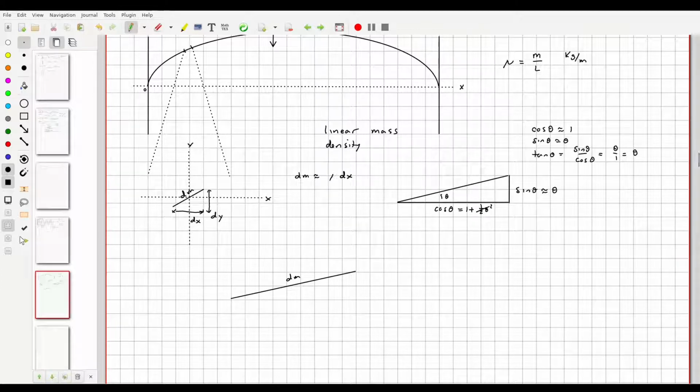So the mass is mu times dx: mu is the mass density, and dx is how much of the string we're looking at. Again, this little element of string has a mass of dm. Now let me get rid of that.